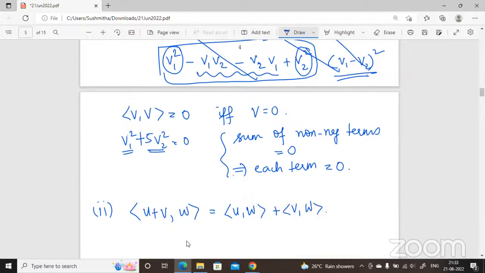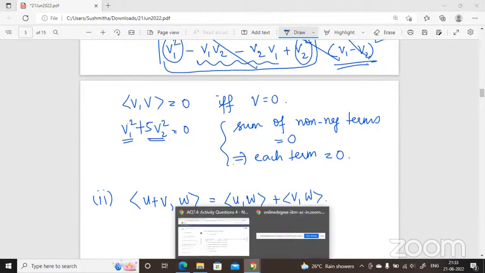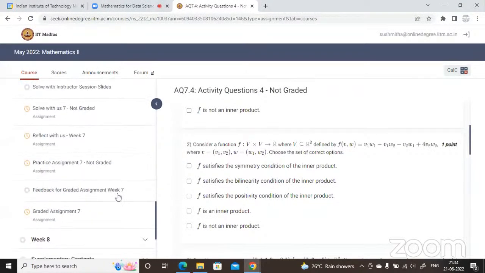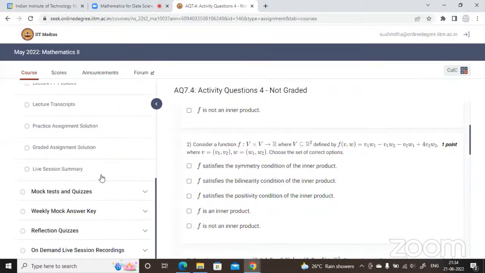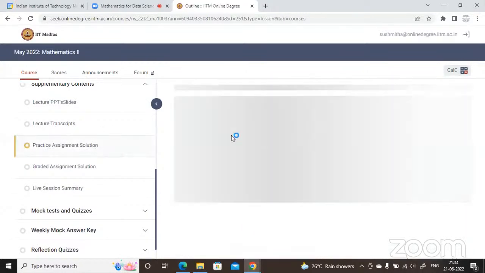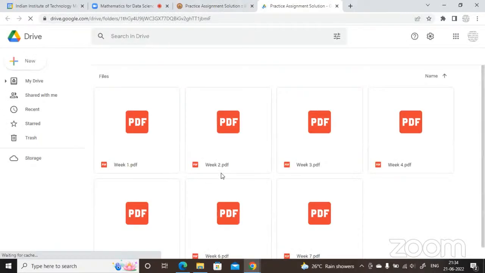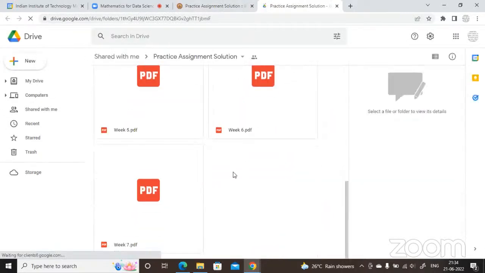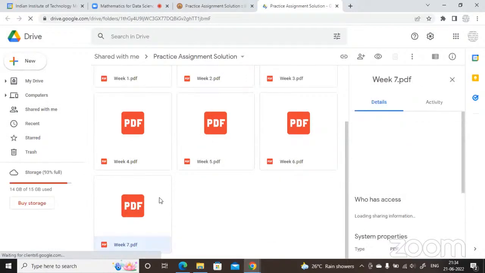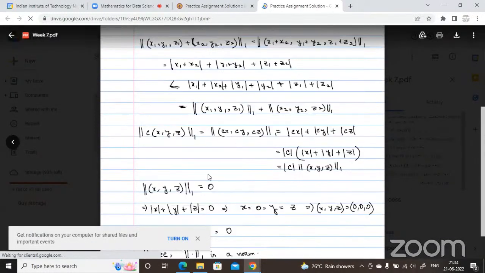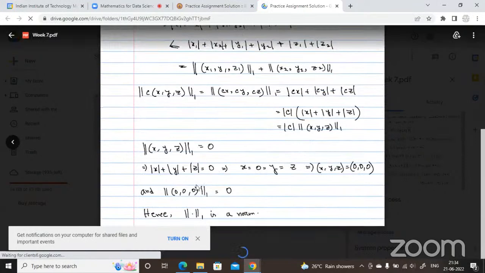Is the practice assignment solution uploaded? Yes, ma'am. Then I think you can check in that, because in that everything is given in detail. Instead of us wasting time here, you can check there. Means at least the first problem was completely done. This is norm, checking whether it is a norm.